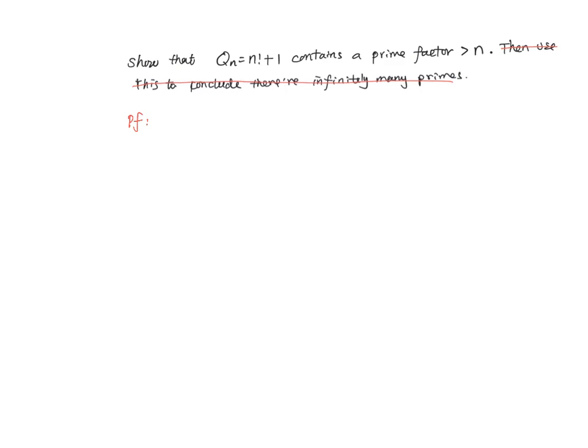Proof by contradiction is nice. So you're going to suppose the opposite for this Qn. The opposite means Qn contains no prime factor greater than n, i.e., all prime factors of Qn are less than or equal to n, right?